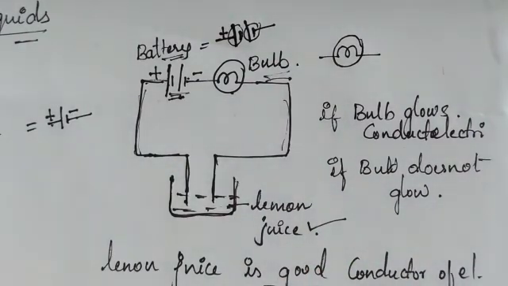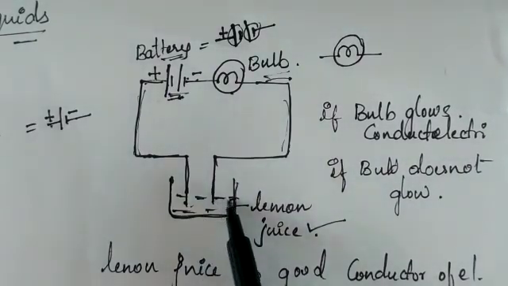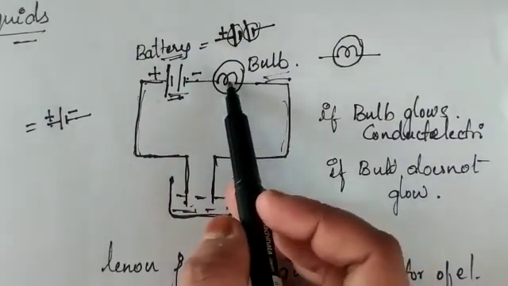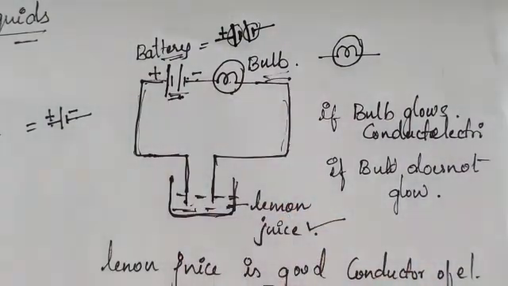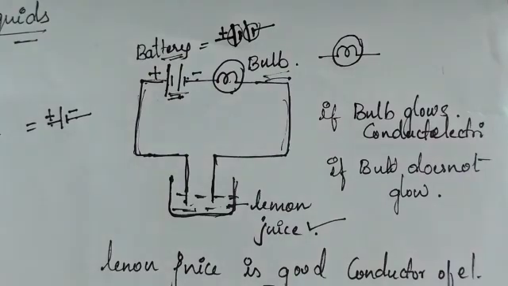If any other substance is a bad conductor of electricity and it is immersed in the beaker, then the bulb doesn't glow, and we say it is a bad conductor of electricity, because it does not conduct electricity. These are the concepts we have discussed today. It is a very important concept: we have to understand what a good conductor of electricity and a bad conductor of electricity are. Thank you.